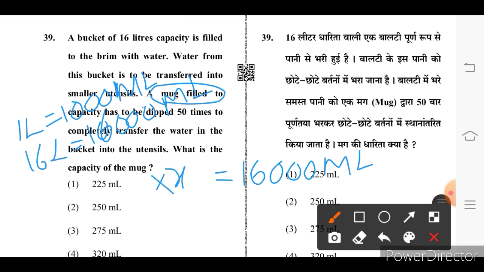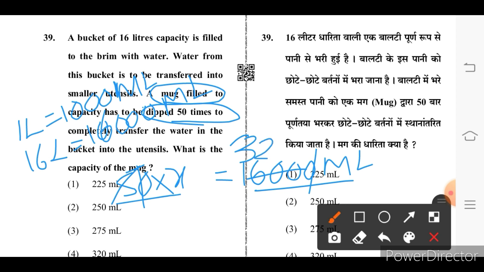And how many times does it take to remove that water? 50 times. So this is equal to this volume. Cancel it, 0 0 cancel. 5 3s are 15. 5 2s are 10.